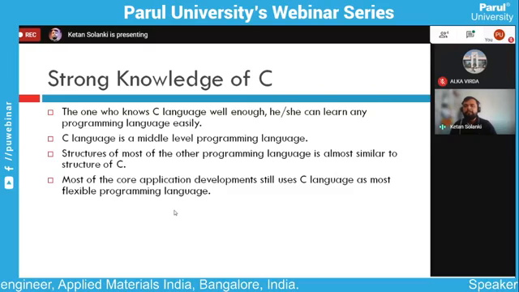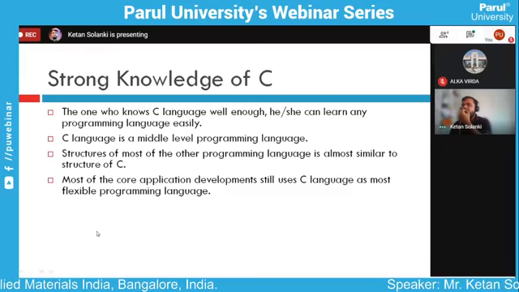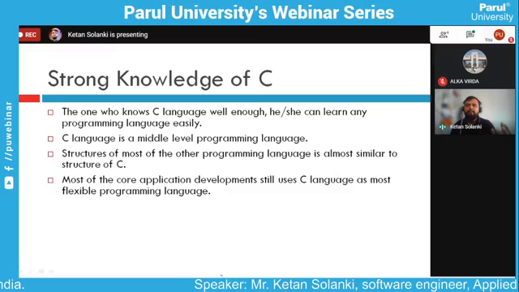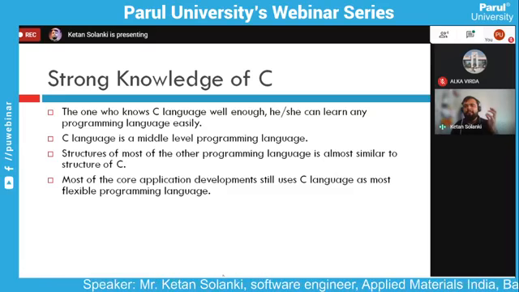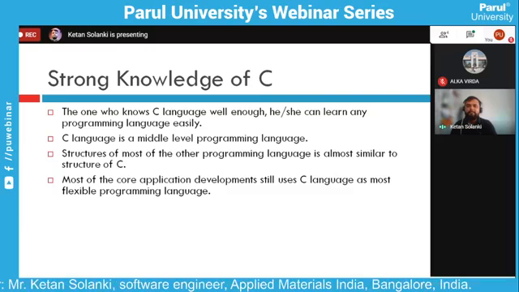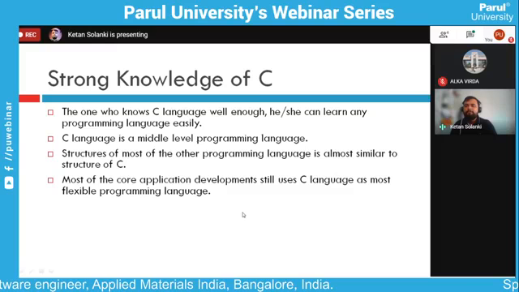And whatever core applications the industries are developing nowadays are all based on C. It is not that Python is the best programming language, so that wherever you go in industry you will find only Python or only Java. That is not the case, because C is still the most trending and flexible programming language for software developers.